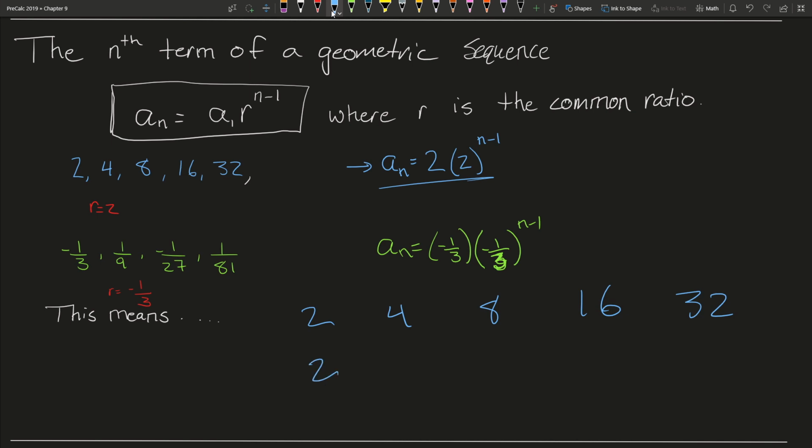We would write 4 as 2 times 2 to the first, 8 as 2 times 2 squared, 16 as 2 times 2 cubed, and 32 as 2 times 2 to the fourth. It didn't really change anything, but this explicitly has our common ratio and our first term in every one of those. And when we get to probability, this will actually help us out just a little bit.